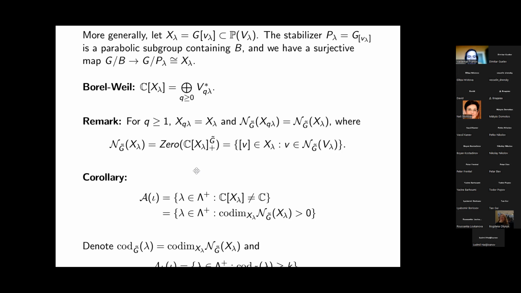Now, we can also define this more general cone on the bottom, A K. This cone is just defined by this codimension being larger or equal to K for K greater or equal to 1. So the above is A1.